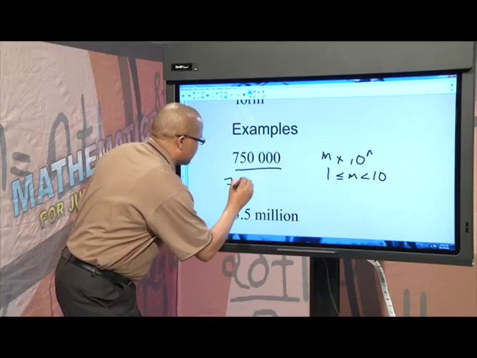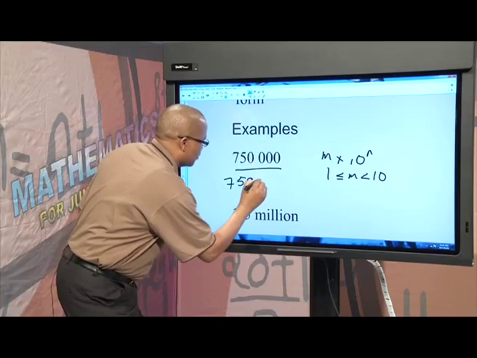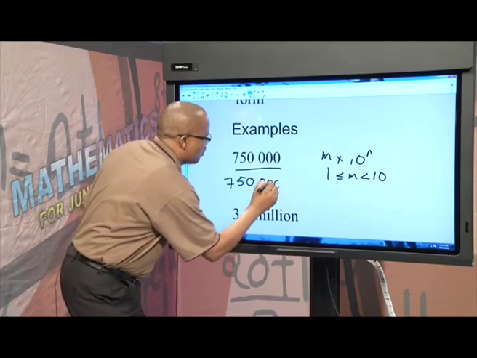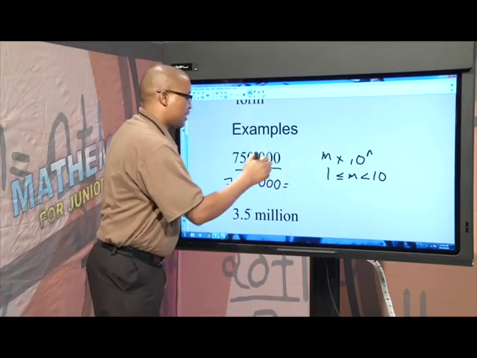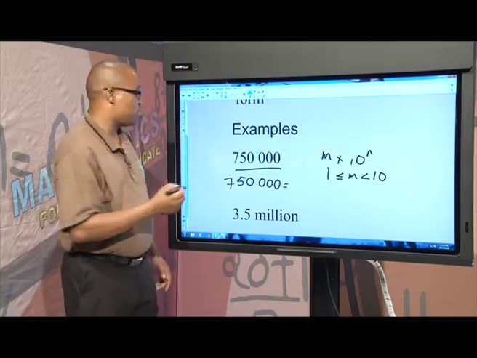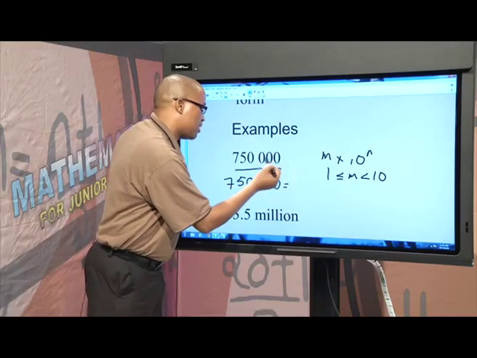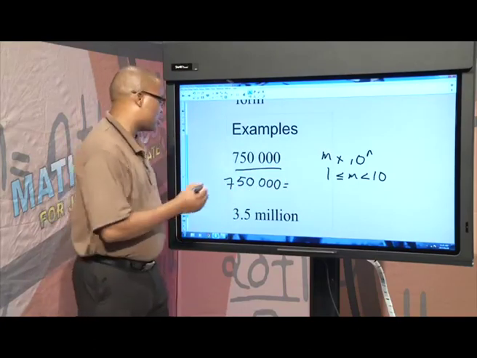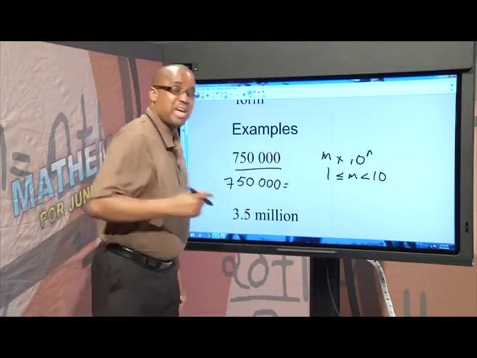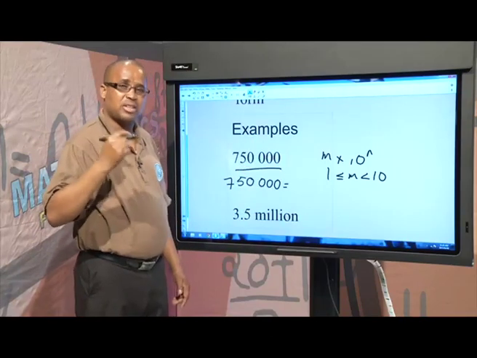750,000 in standard form. We'll take the point to be at the last 0 here. And remember, we are saying there should be only one digit before the decimal point.